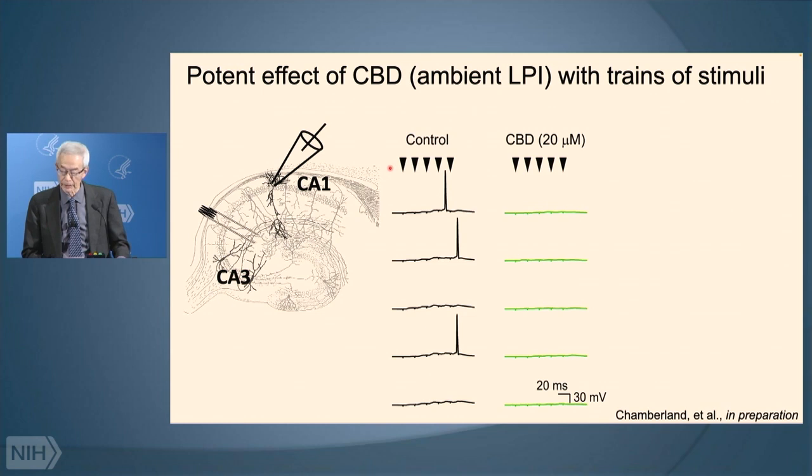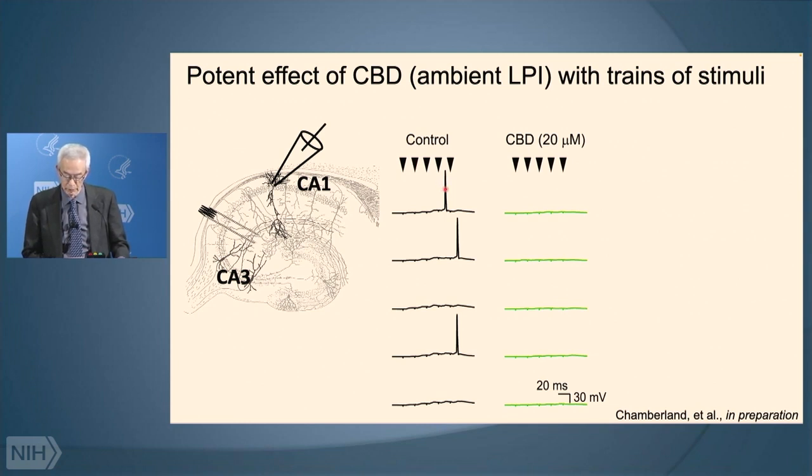Well, here's a more physiological input, a short train of action potentials at 50 hertz. So the action potentials are 20 milliseconds apart, and we're going to give 5 of them. So this is typical of a burst of firing often occurring in the hippocampus in response to systems neuroscience level activity.